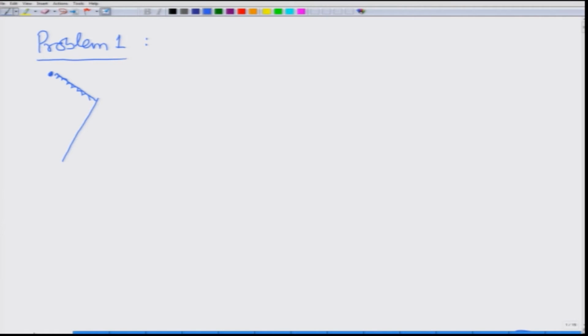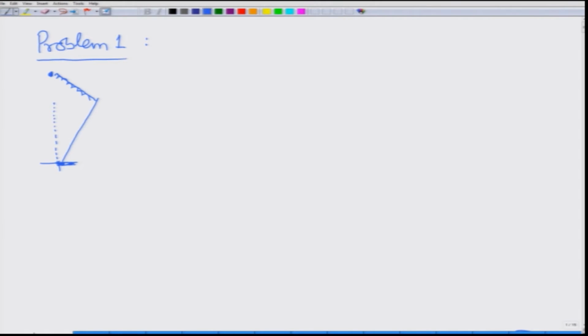By putting a nail here and on this side, the lower end of the frame rests on the wall. Usually one puts a kind of support here so that the frame does not slip down. The problem that we are making is we do not want to have this support and see if the friction can hold the frame.